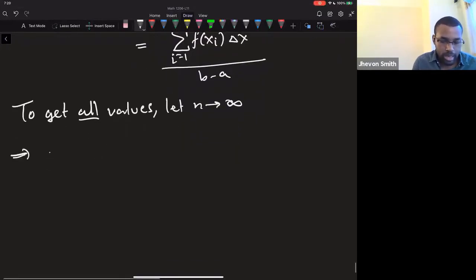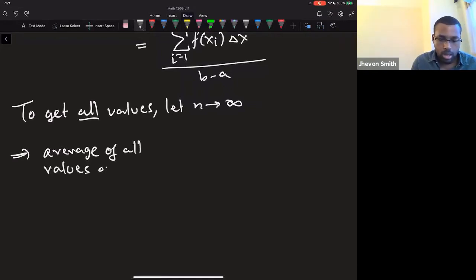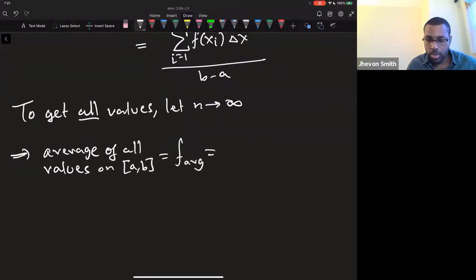So this means that the average of all values on AB, let me call that f sub average, is just going to be the limit as n approaches infinity of this guy.